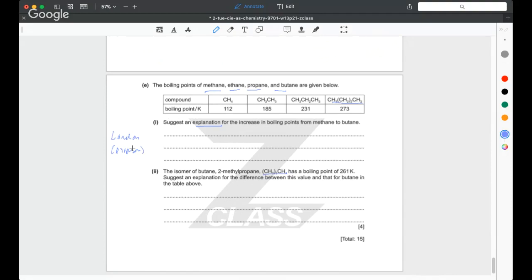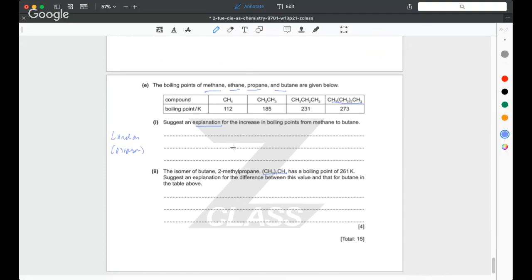And that momentary force of attraction is related to fluctuations in the electron density around these molecules. And as you get larger and larger, these larger molecules have more electrons in them, and so the fluctuation in their electron density increases.